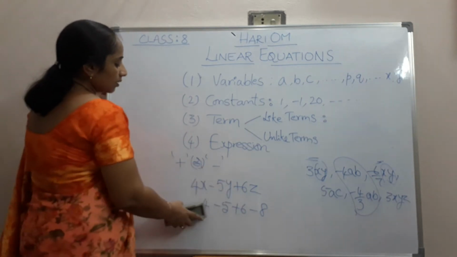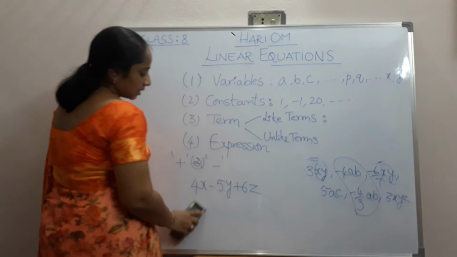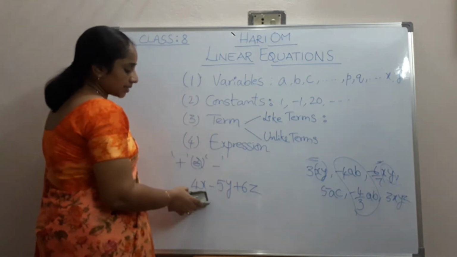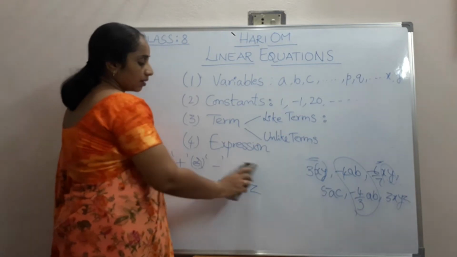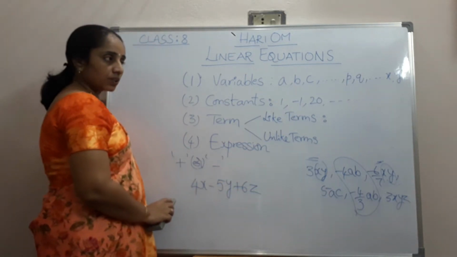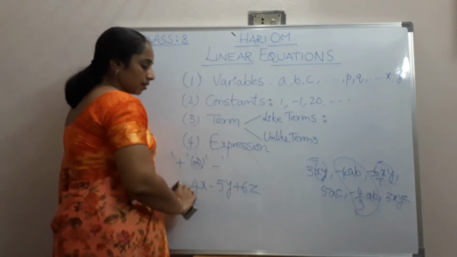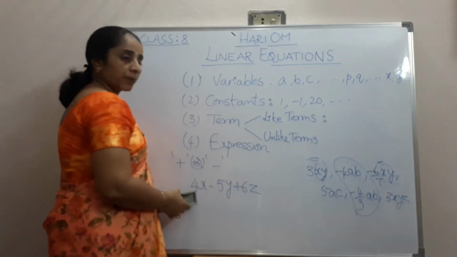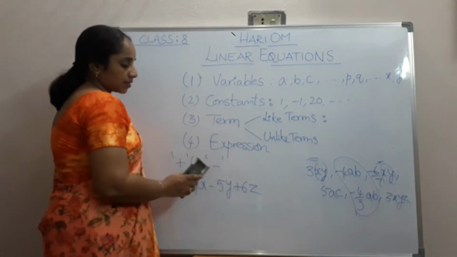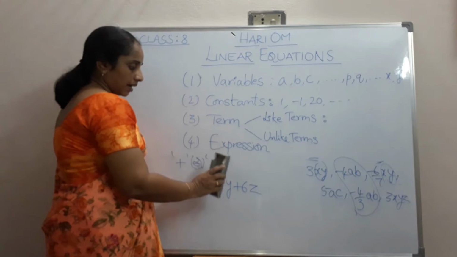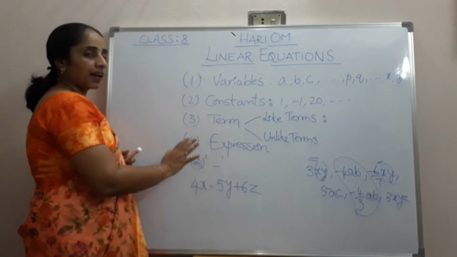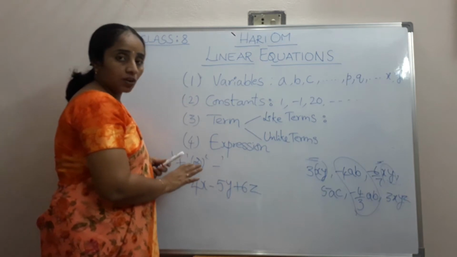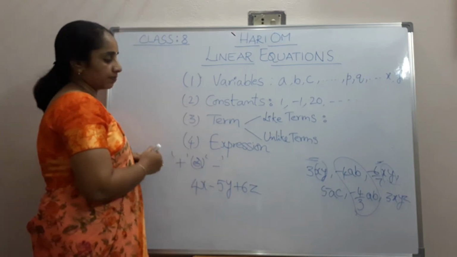Here all are unlike terms. Here the variables are x, y, z. These all are unlike terms. So we should not do any operation on this expression. We should leave it as it is. So this is just an algebraic expression.